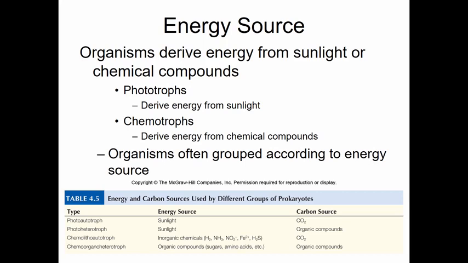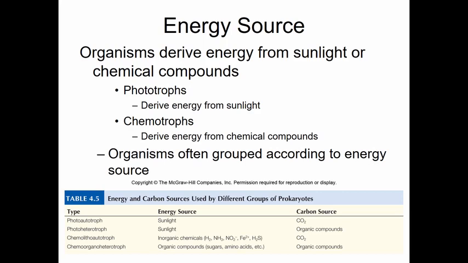So these terms get combined. If you see photo in front, it means your energy source is from the sun. If it's a photoautotroph, it means its energy is from the sun, but its carbon source is in the form of CO2. If it's a photoheterotroph, it means its energy is from the sun, but its carbon is in the form of organic compounds.